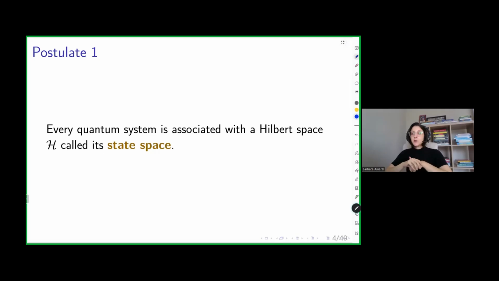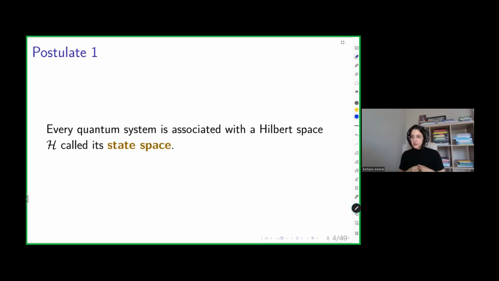The first one is what we call a state, which is the basic mathematical object that gives us information about how that system was prepared. So the first postulate is about the space.